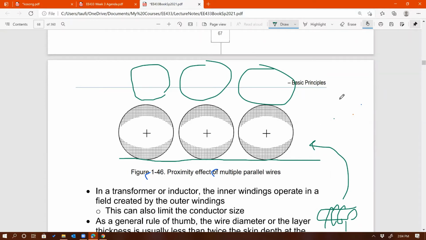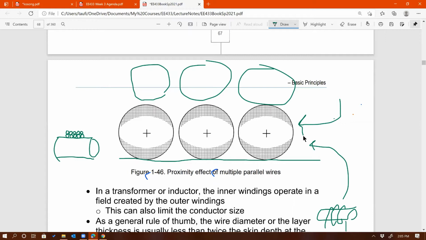Inner winding means this winding, for example. I'm just going to redraw. Let's say this is the core, and then you put the first layer, sorry, second layer right there.